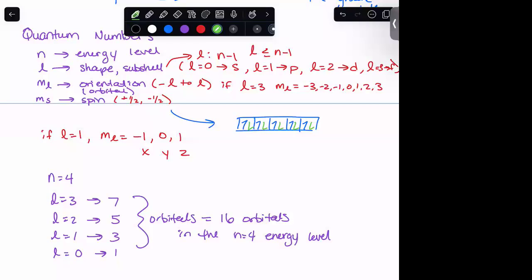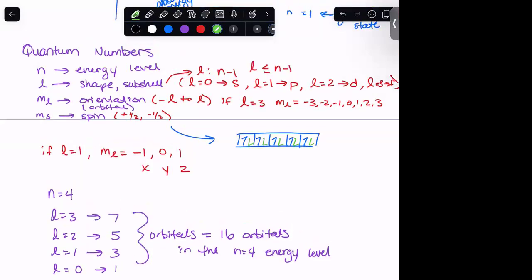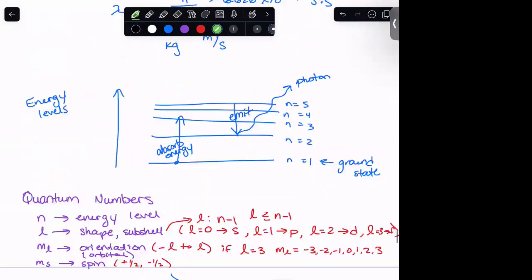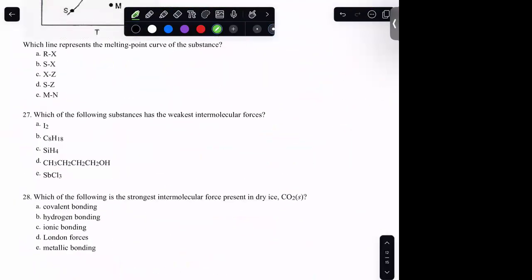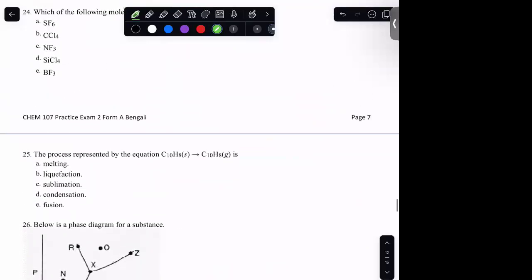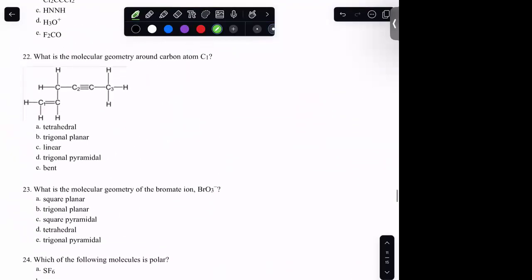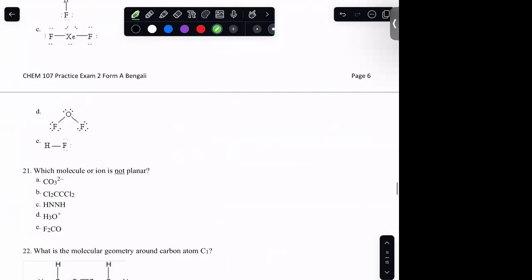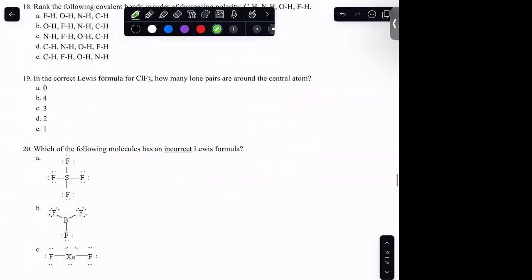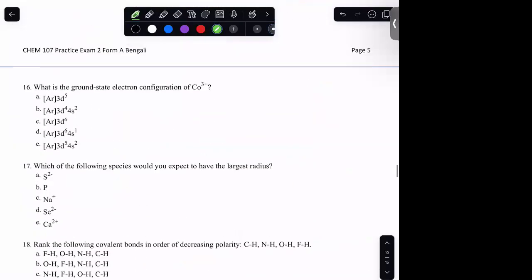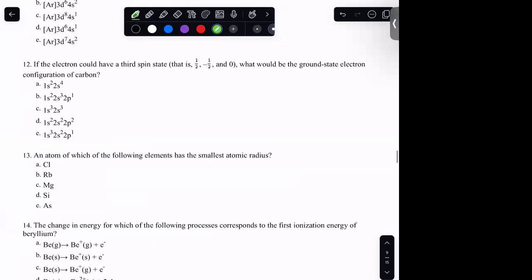Give me 1 second. Yep, no problem. Number 12.